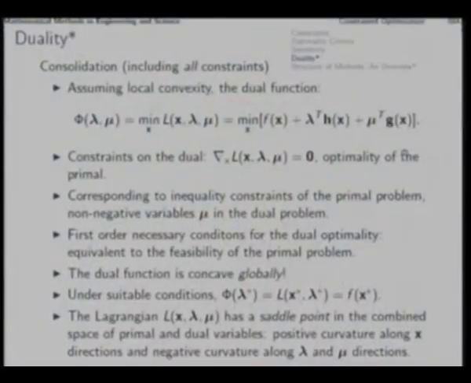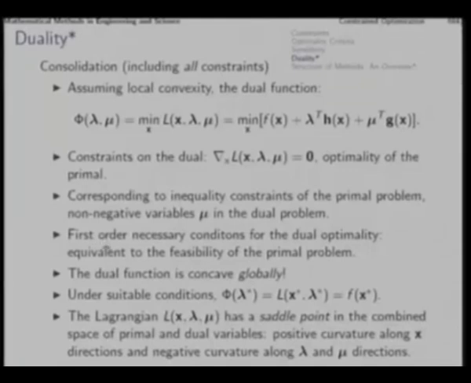And similarly you will find that at the same time, apart from this gradient condition, corresponding to the inequality constraints of the primal problem, you will find non-negative variables mu in the dual problem. That is constraint corresponding to the inequality constraints, whatever is the optimality condition on the mu's, that will appear in the dual problem as constraints on the bounds, on the non-negativity constraint on the dual variables mu's.